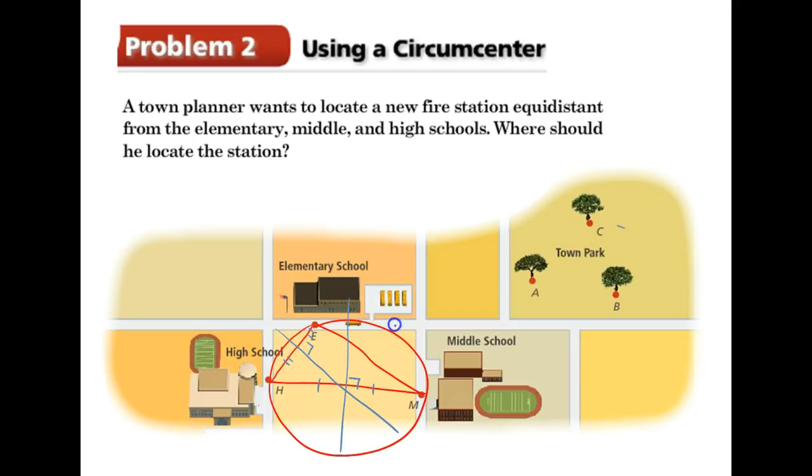And then again, from E to M. That point right there, that point of concurrency, is the location of the circumcenter, and so it is the same distance from the elementary school and the high school and the middle school. So that would be where we would want to locate the fire station.